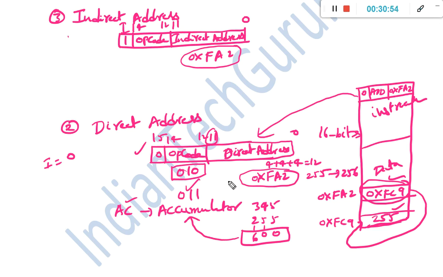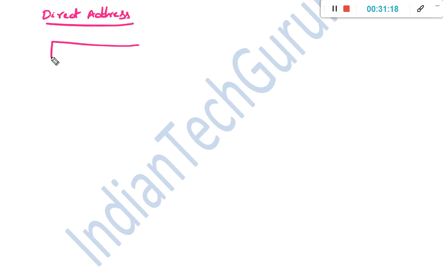Now let us see diagrammatically how the operation is performed in case of the direct address and in case of the indirect address. In case of the direct address, how is the operation performed? If it is direct address, initially assume this is the main memory.